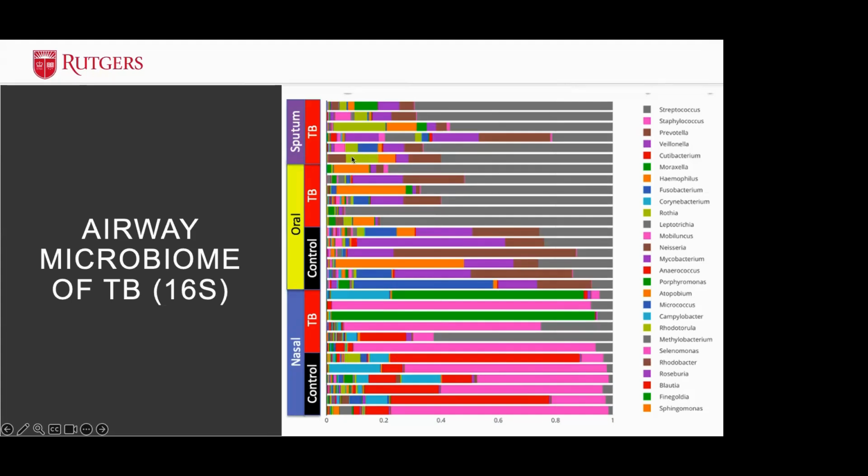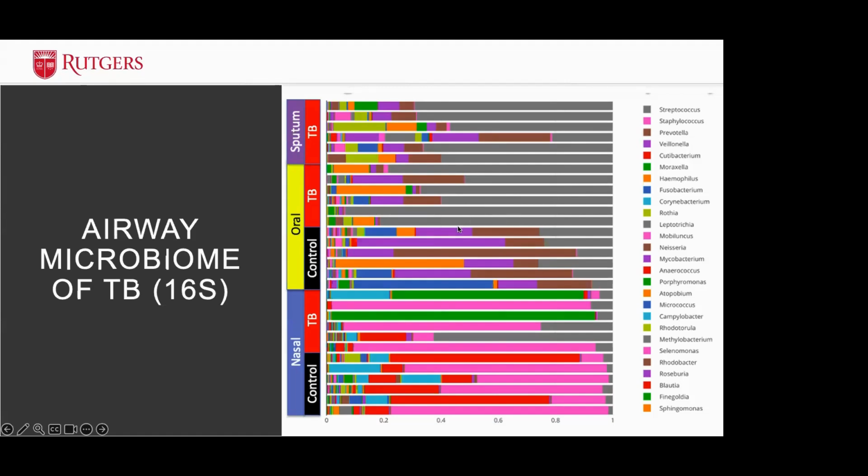Now, this study took sputum samples from individuals that were TB positive. It took oral samples from people with TB and control samples, and also nasal samples from TB and control as well. Then they profiled the microbiome using 16S sequencing. Looking at these samples, you can tell there's a very stark difference.